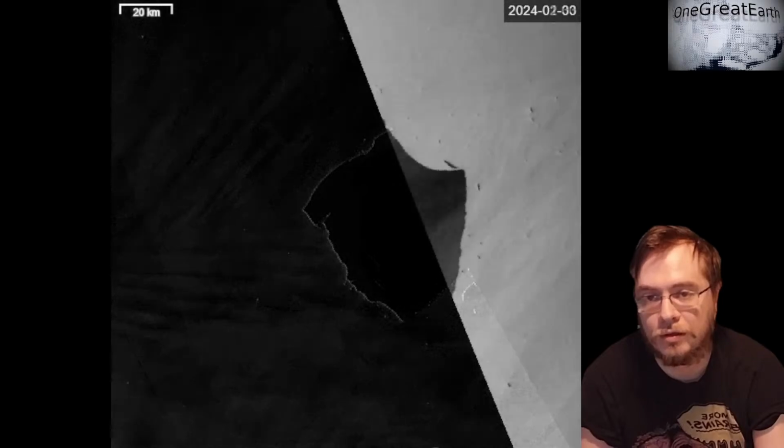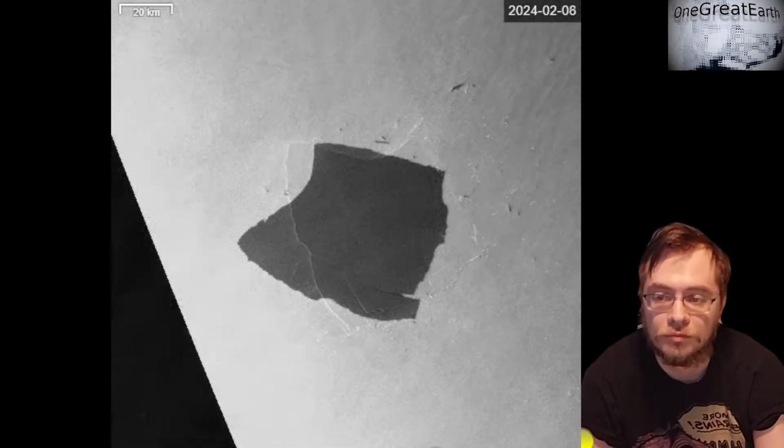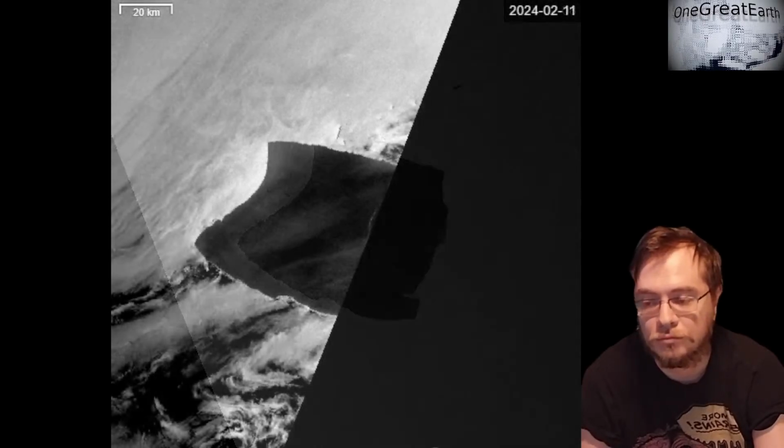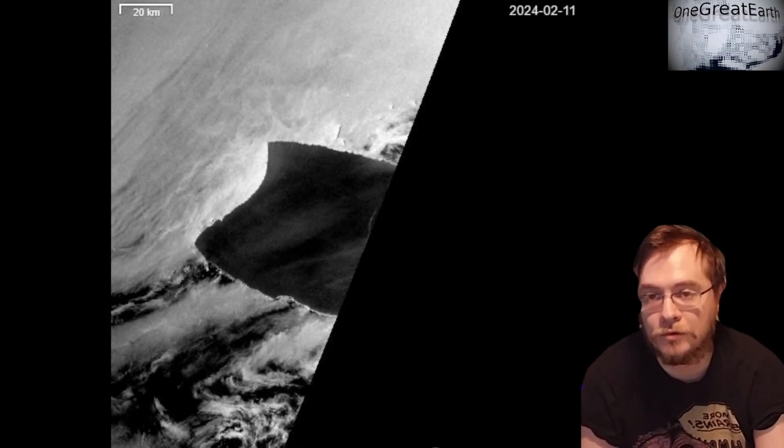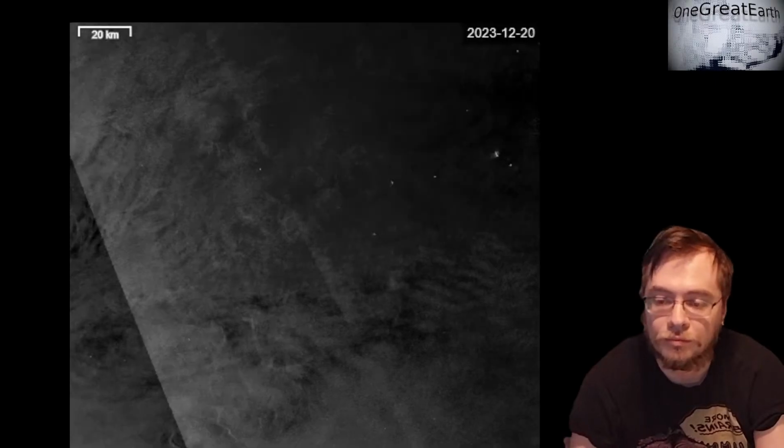It looks to have just full reign of the sea, nothing impeding its path, and it's 80 kilometers wide of freshwater melt. One more.